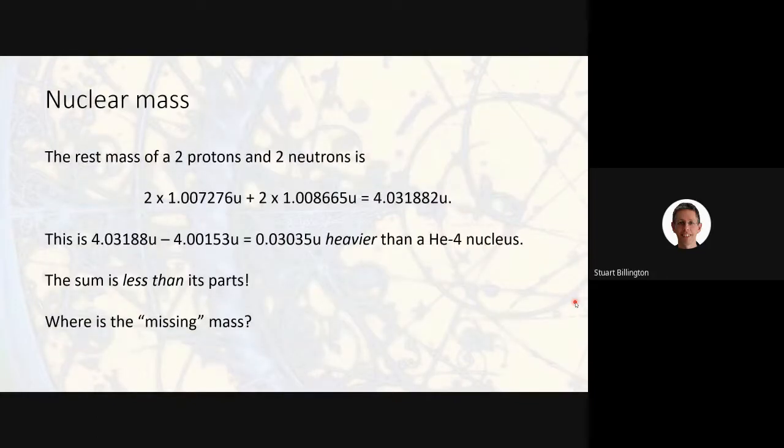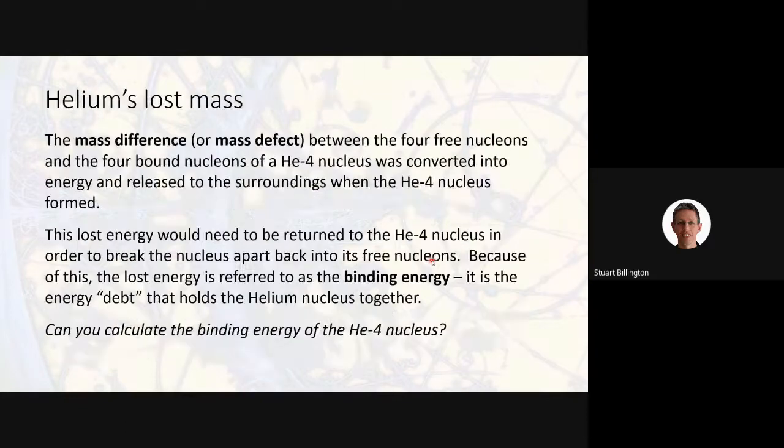So if you could just write down this number here: 0.03035 atomic mass units. So that's the mass defect or the mass difference, 0.03035 atomic mass units. And then the other data you need is at the bottom of the screen now.